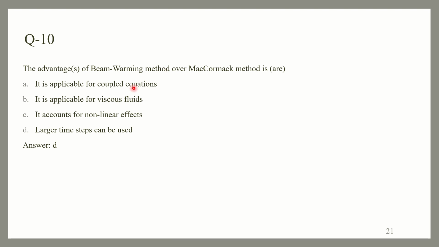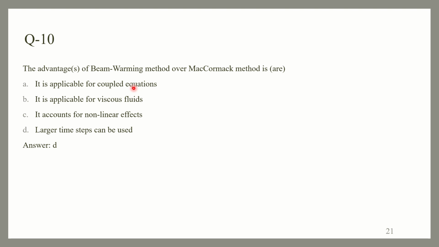To put it simply, the Beam Warming method is unconditionally stable, whereas the McCormack method is conditionally stable. Conditional stability we have seen a few slides before: delta T should be less than or equal to F times delta T CFL divided by 1 plus 2 by Re delta, something like that.